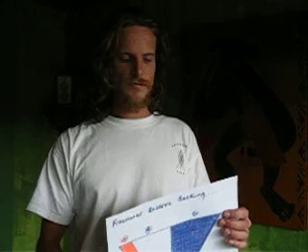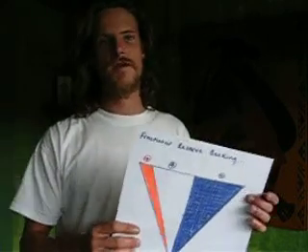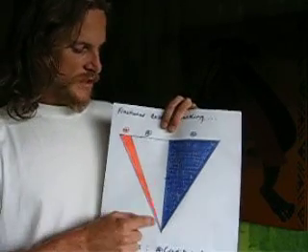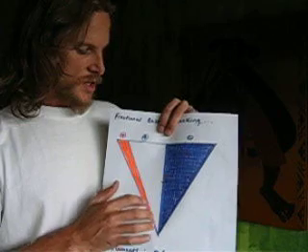Hello, I'm making an insert into this video the day after I filmed the main body of it. The reason I'm doing this is because I would like to clarify something about this sliver here, the reserve.